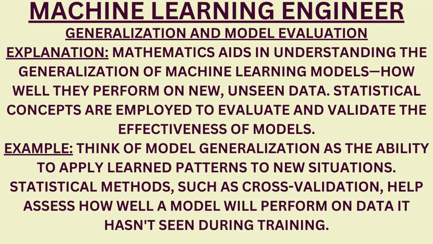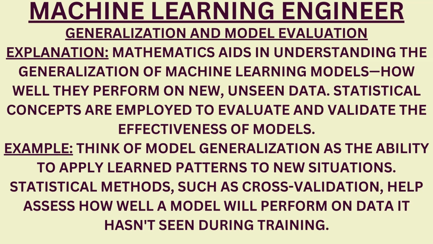Generalization and model evaluation. Explanation: mathematics aids in understanding the generalization of machine learning models, how well they perform on new, unseen data. Statistical concepts are employed to evaluate and validate the effectiveness of models.